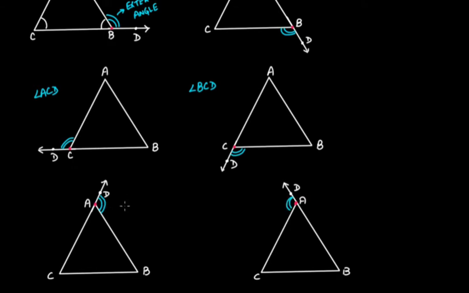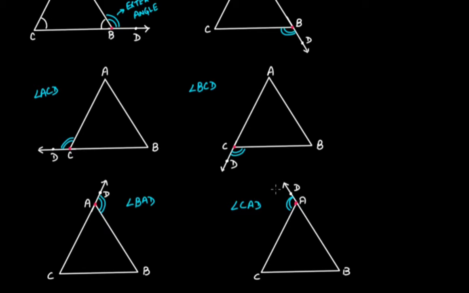The exterior angle in this case is angle BAD, and in this case is angle CAD. It means that at each vertex of a given triangle, you will have 2 exterior angles. Therefore, a total of 6 exterior angles for a given triangle.